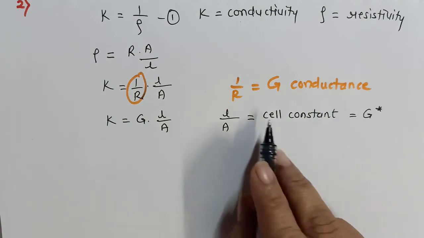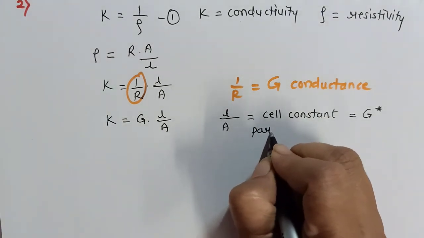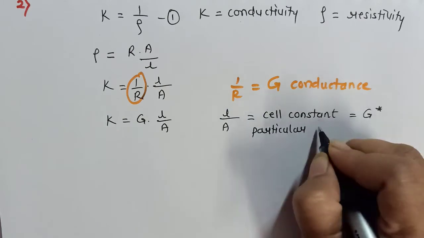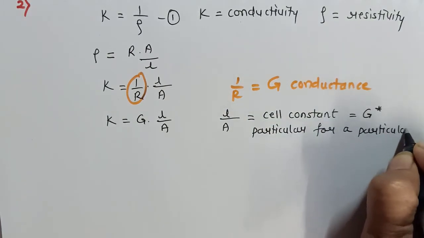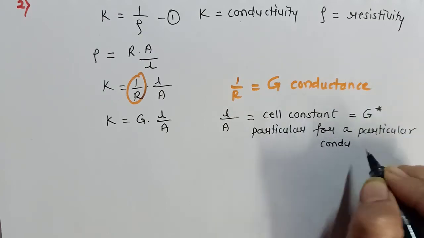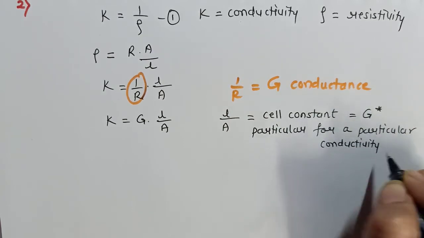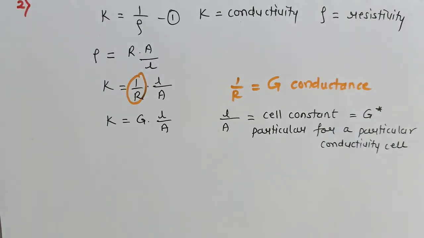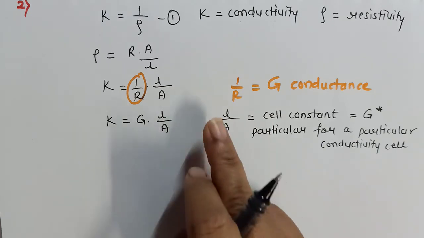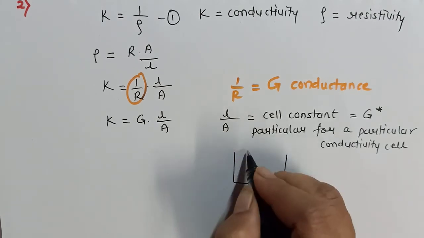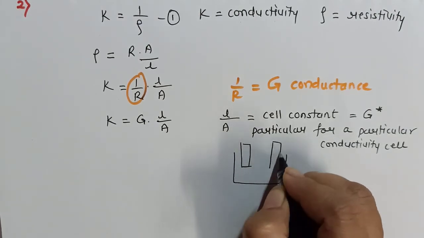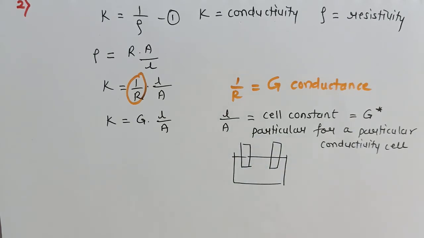Now we have to remember that the cell constant is particular for a particular conductivity cell. That means for a given cell, this G star or the cell constant will be a constant value. If you change the conductivity cell, the cell constant will also change. Now what is L in this case and what is A? We know the electrolytic cell has two metal electrodes dipped in electrolytic solution.